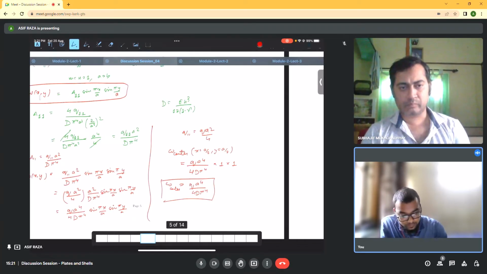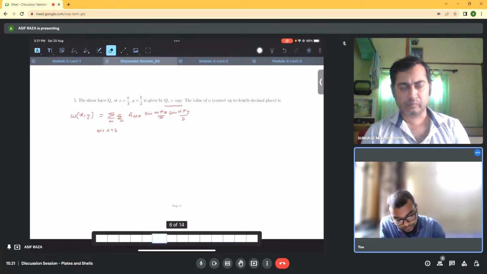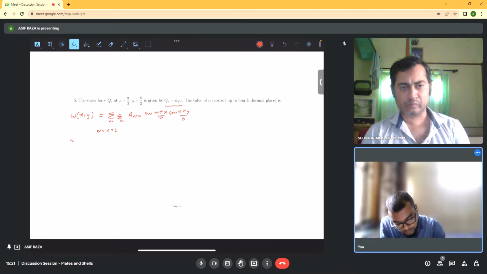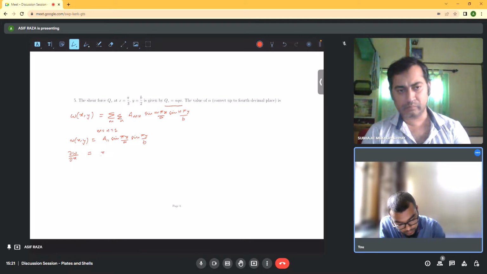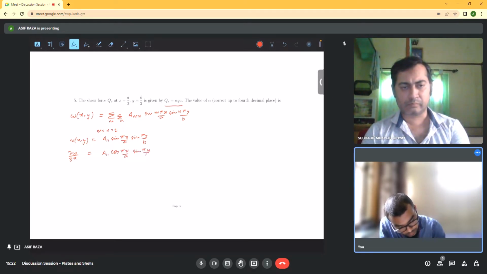Then we get w(x,y) as A11 sin(pi x by a) sin(pi y by b). So del w by del x will have A11 cos(pi x by a) sin(pi y by b), and the differentiation will give me pi upon a.